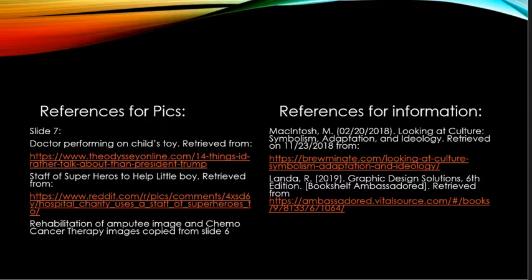Staff of superheroes to help the little boy. And then it talks about how 2 of the images were used on the previous slide 6. And then you have references for the information, which was the McIntosh, looking at culture, symbolism, adaptation, and ideology. And then I used Londa R.'s book, The Graphic Design Solution, 6th edition, retrieved from the link below.